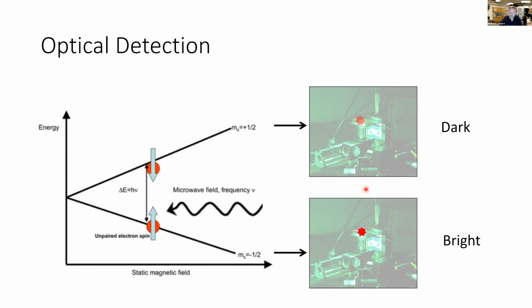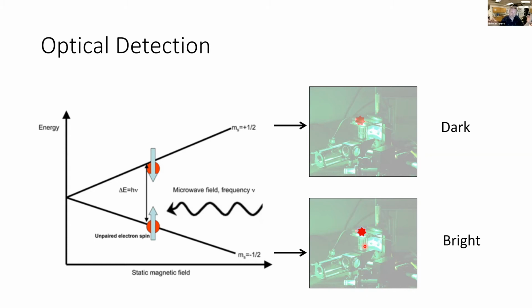And that's really important because we can measure very easily how bright it is. We shine green light. You can see the little green laser here. It goes in, it hits the diamond, it irradiates all those NV centers. They get excited, and then they fluoresce.